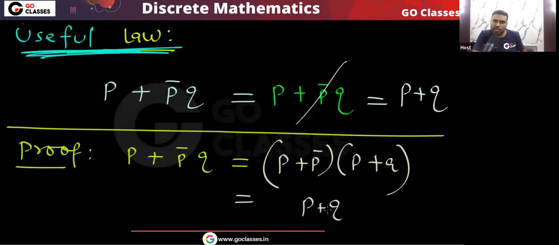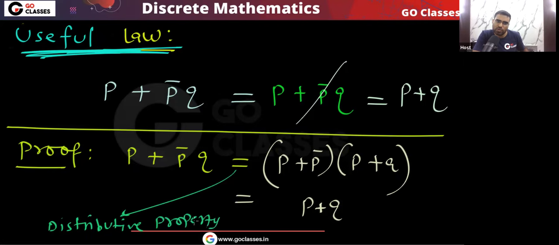So finally you will get P or Q. Here we have applied the distributive property to P or P bar Q, giving P or P bar, P or Q. Very simple. Finally, you will get P or Q.